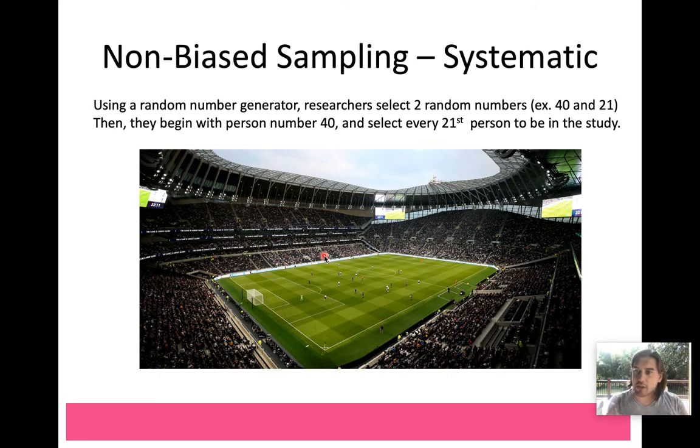Because notice how this is subtly different from simple random. Simple random sampling would be like, I have all, whatever, 50,000 Georgia State students, and I know who they are, and I have their contact info, and then I randomly select 100 of them. That's different because I have this defined population, and I'm capable of contacting anyone in that population that I might need to. In systematic sampling, we're typically out in the world.